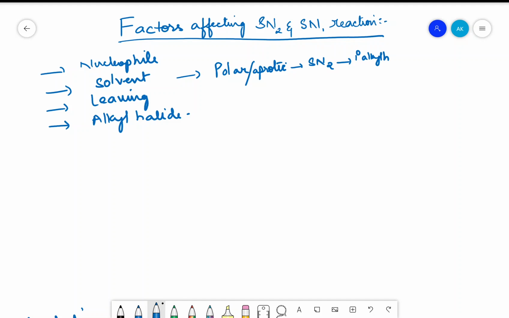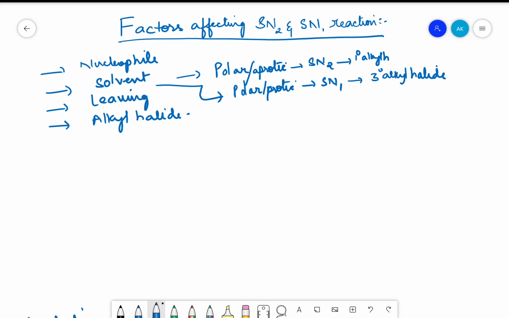The next thing in the category of solvents is if you have a polar but protic solvent, that is going to favor the SN1 mechanism, which is shown easily by tertiary alkyl halides. This is what we have already studied.